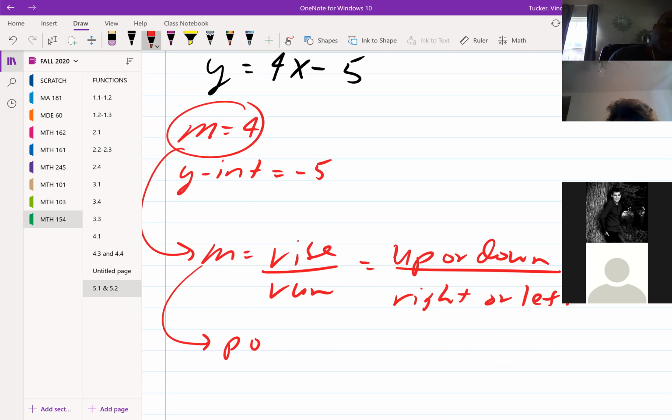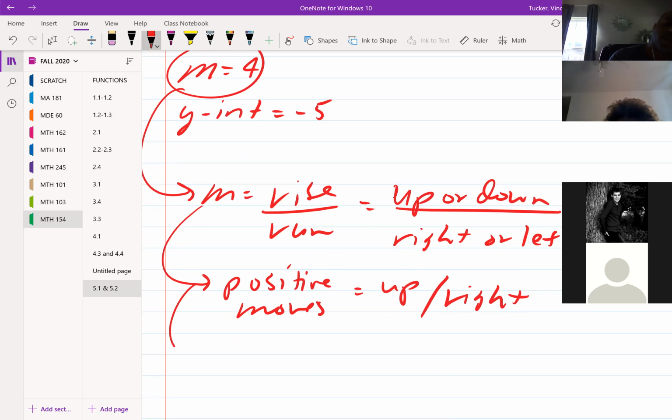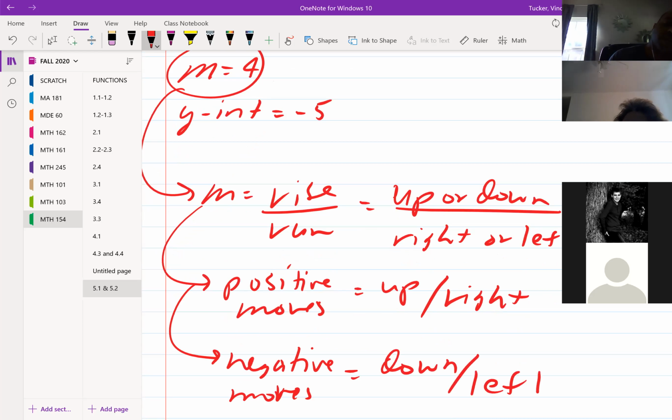So what that means is that you're going to have positive moves, which is up and right. And you'll also have negative moves, which are down and left. So according to what you have, that will dictate how you move. Your slope is actually a set of instructions on how to graph.